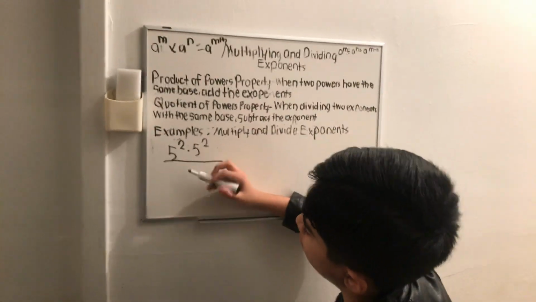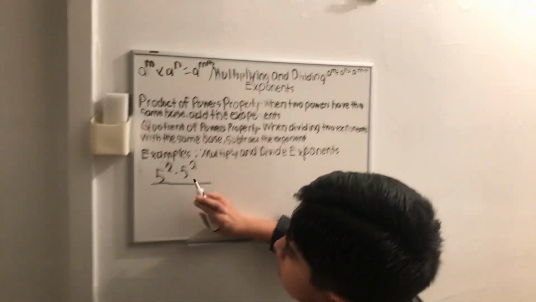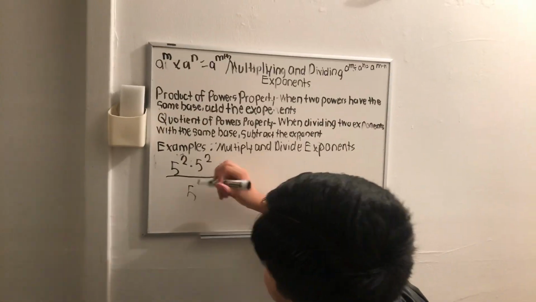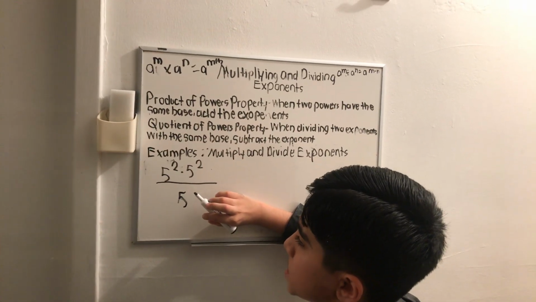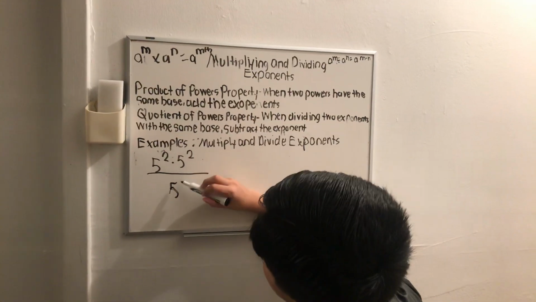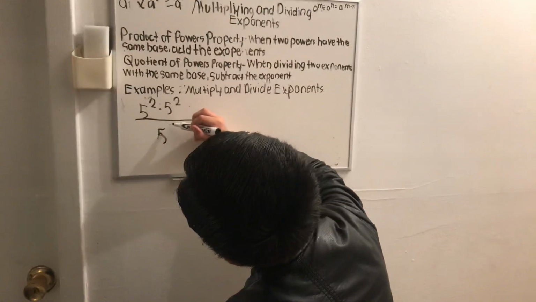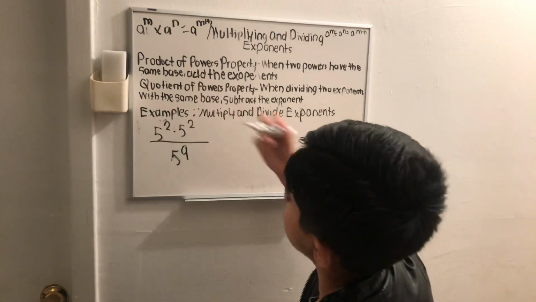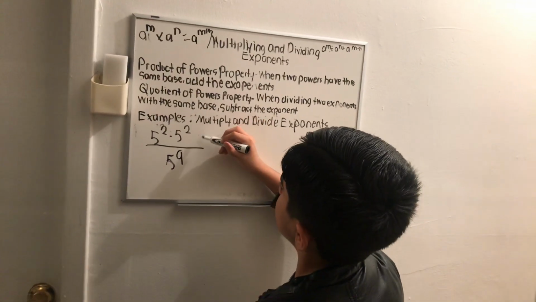The denominator would be 5 to the exponent 9. So 5 to the exponent 9.